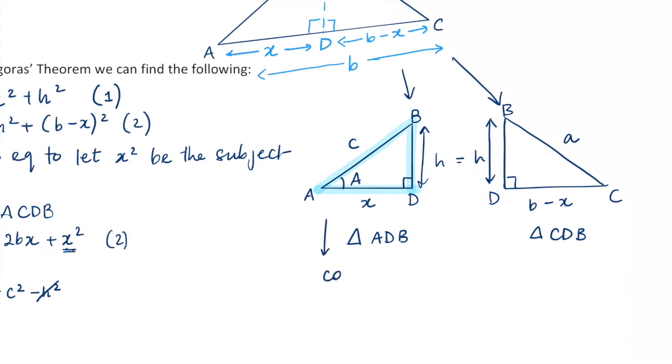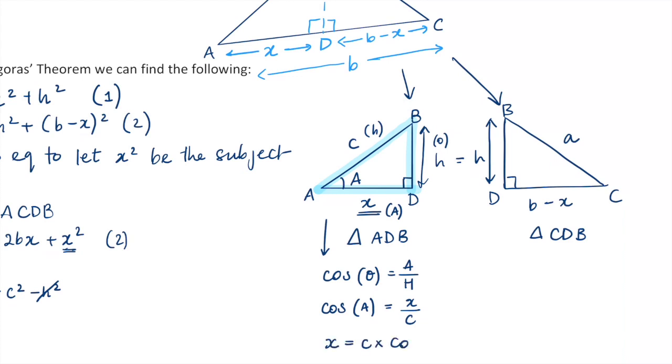You'd be thinking cos of an angle is equal to the adjacent over hypotenuse, remembering that the adjacent is next to the right angle and the reference angle, and C is our hypotenuse, making H our opposite length. Being that I've asked you to find the adjacent side, subbing in what we know, cos of angle A is equal to x divided by C. Rearranging this expression to let x be the subject, I'm going to have x is equal to c times cos of a.